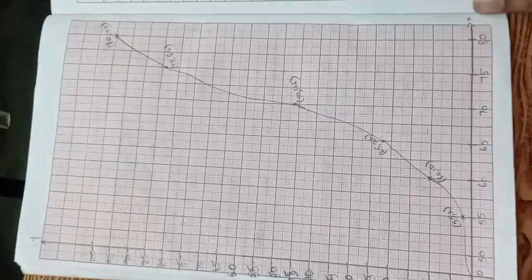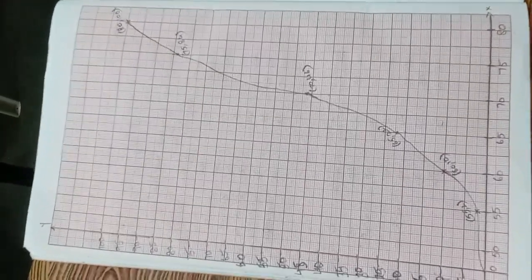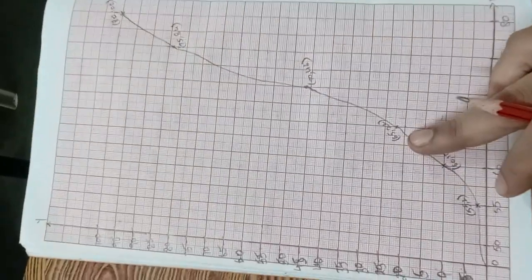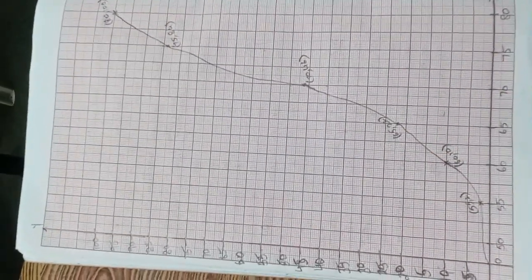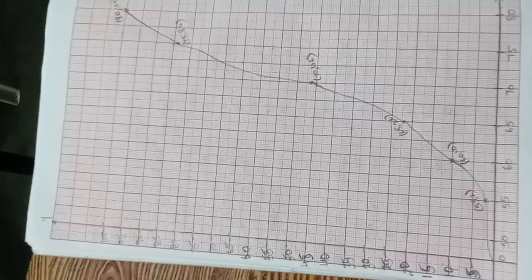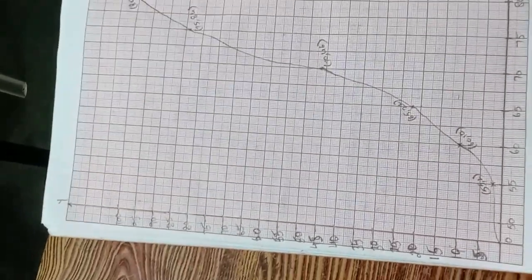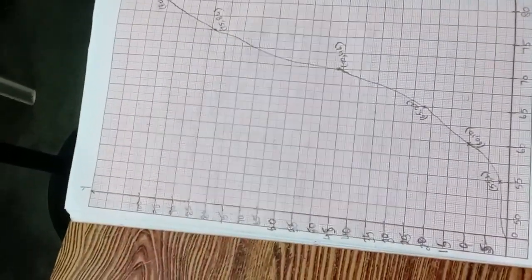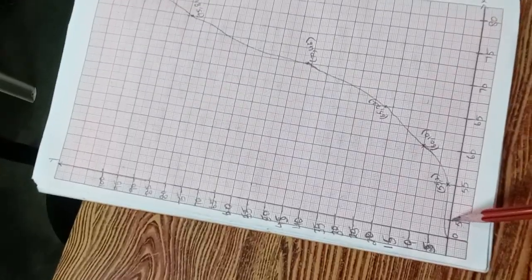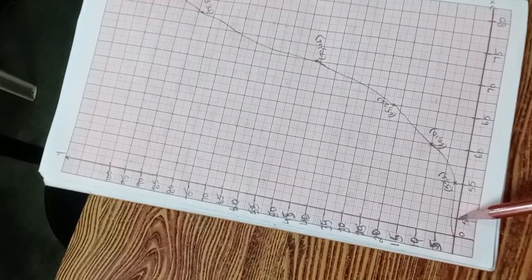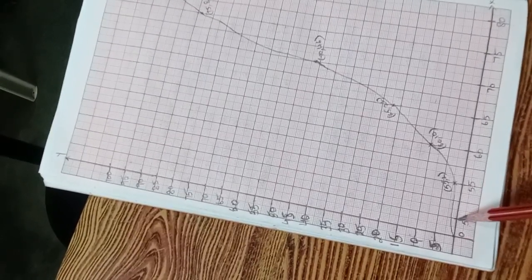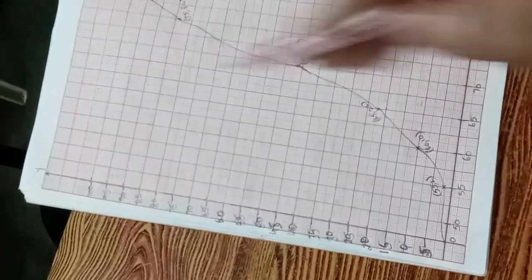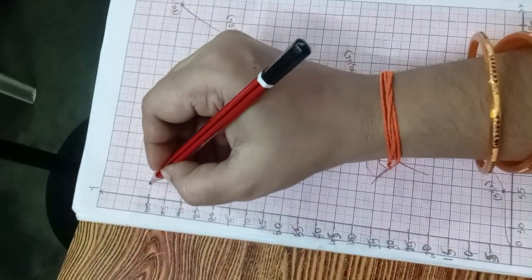Now we have drawn only the less than ogive curve. Now coming to the greater than ogive curve, plot the points and then join the points. Starting from 50, the frequency is 100, so it starts from here.